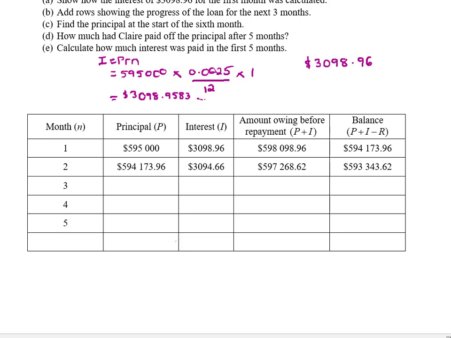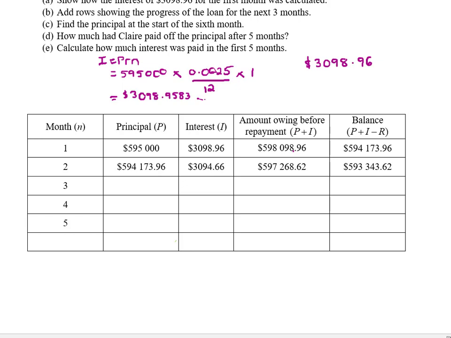And then I make a repayment of $3,925, and I just subtract that from this answer here. And this amount here, $594,173.96, is the amount that is now owed at the beginning of the next month.